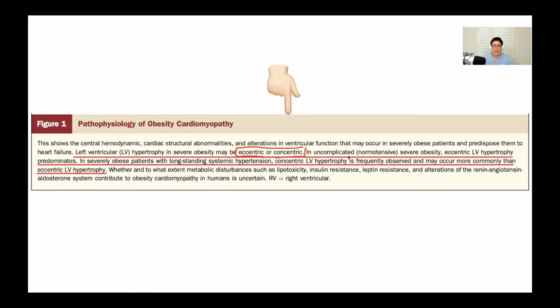In uncomplicated, normotensive, severe obesity, eccentric left ventricular hypertrophy predominates. In severely obese patients with long-standing systemic hypertension, concentric left ventricular hypertrophy is frequently observed and may occur more commonly than eccentric left ventricular hypertrophy.